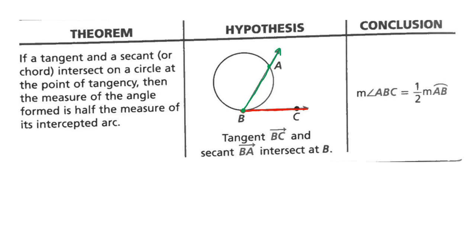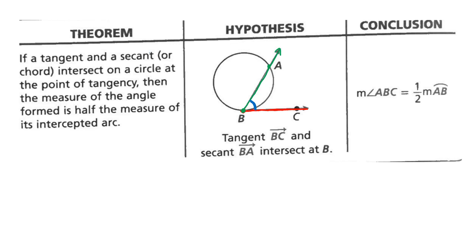So we have our tangent, and we have our secant, and that makes an angle right here. This angle right here, ABC. And just like in the last video where the intercepted arc is always double the amount of degrees of the inscribed angle, the same thing applies here.